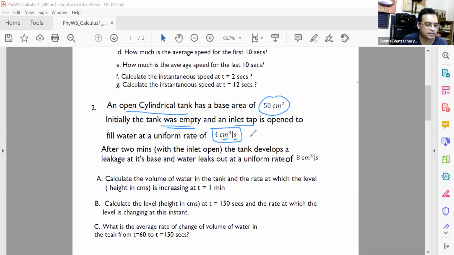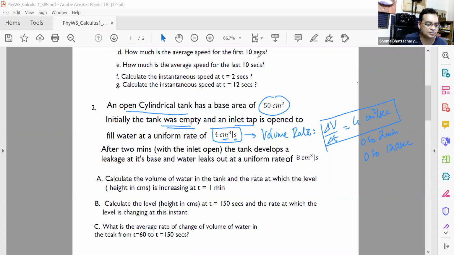Centimeter cube per second. So this is what kind of rate? It's a volume rate. It is telling me that the volume is changing with respect to time at the rate of 4 centimeter cube per second. That means every 1 second, 4 cc of water is getting added. And this is happening from 0 to 2 minutes, or we can say from 0 to 120 seconds.